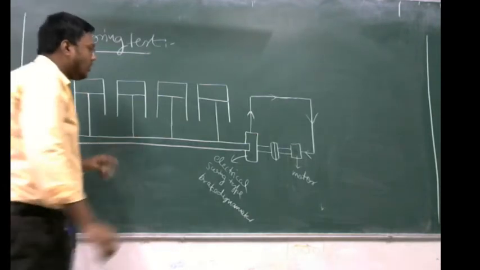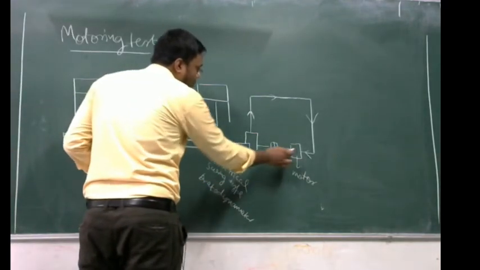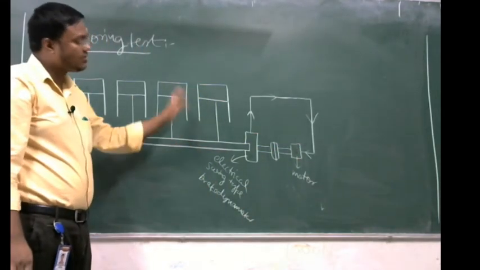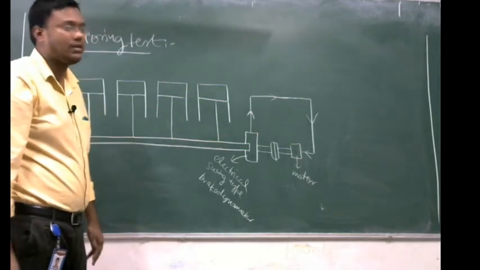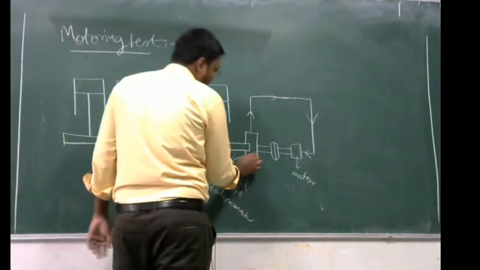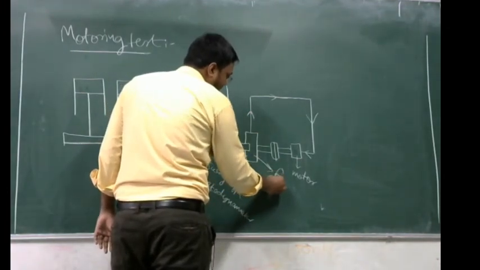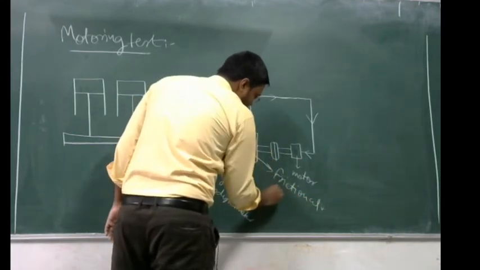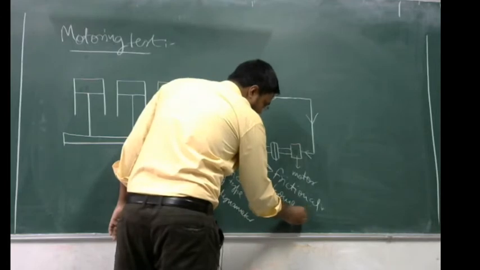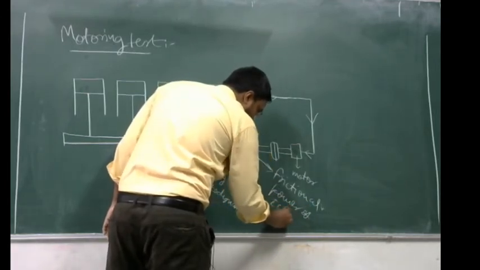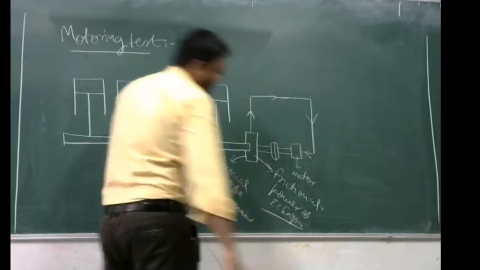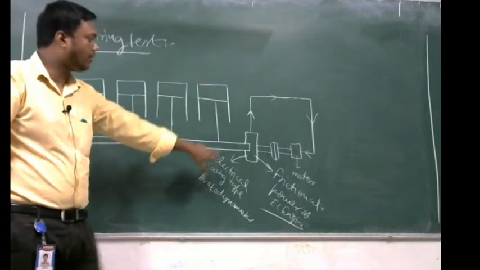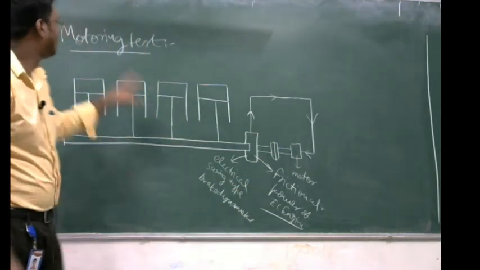The brake dynamometer also measures the output power from the motor, and with its help we measure the frictional power of the engine. In this way we can measure the frictional power using an electrical swing type dynamometer and a coupled motor. This test is known as the motoring test.